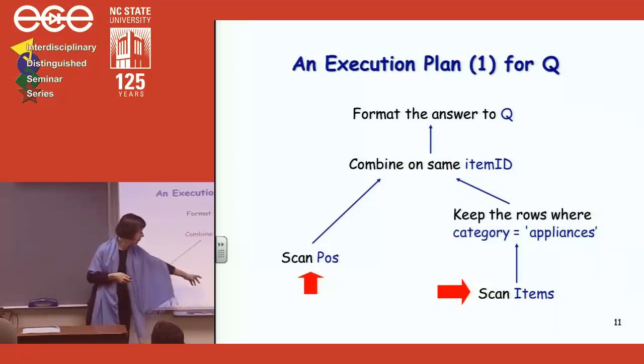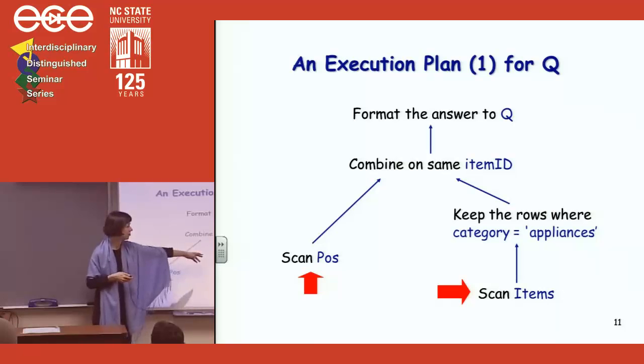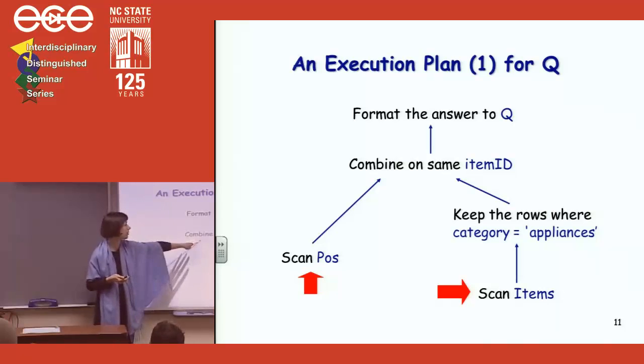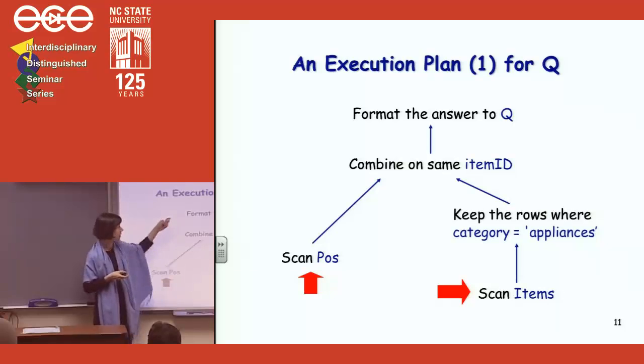Then you select from the items table just the rows where the item is an appliance. Once you have obtained all the rows here and all the rows here, you combine the rows from the two tables on the same item ID. So you basically want to get matching pairs of records. Does it make sense? And formatting the answer means you just throw out the irrelevant stuff from each row. Basically, in each row, you keep just the store ID information and the amount information.